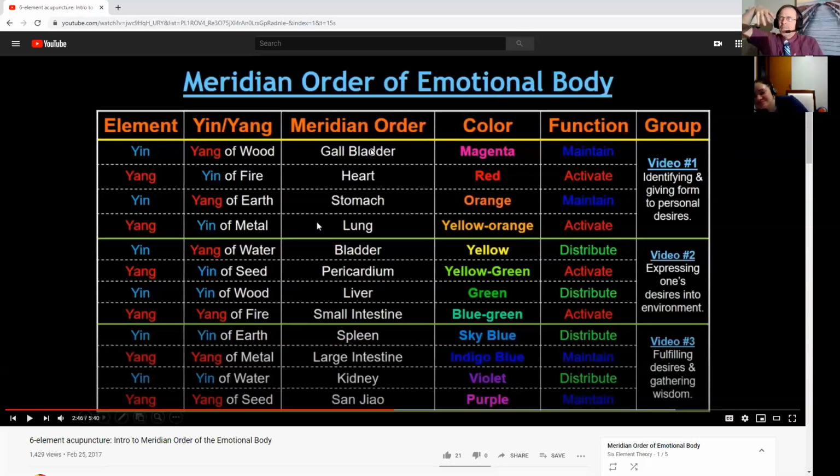So it's an emotional thing. As we go through this story of the emotional body, you're going to feel it's an emotional story. Finding out who you are, finding where you need to be, and that feeling of expressing your philosophy, it's an emotional feeling. It's an emotional power.